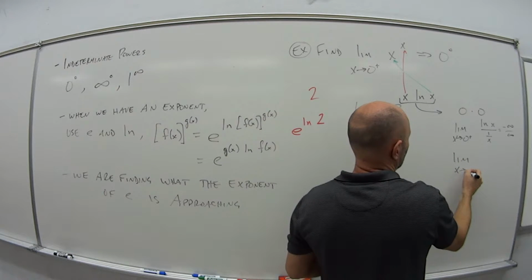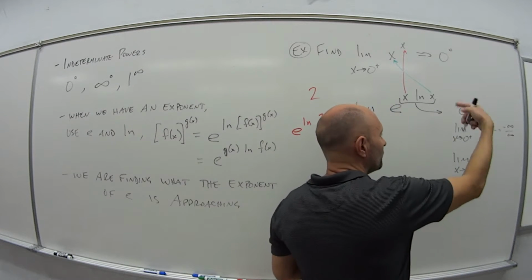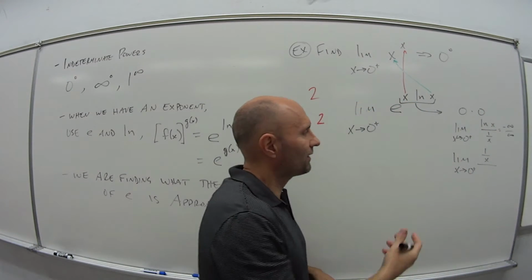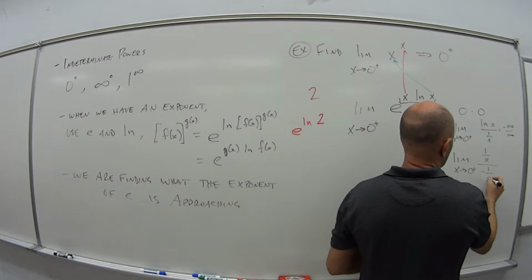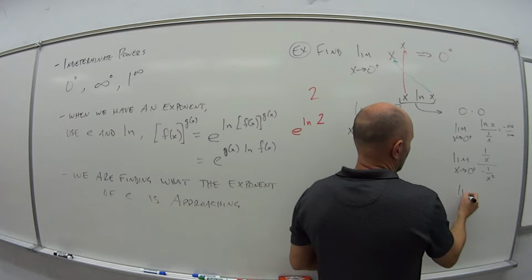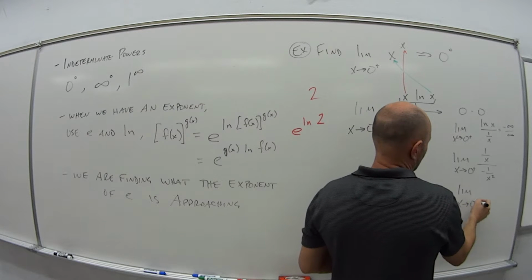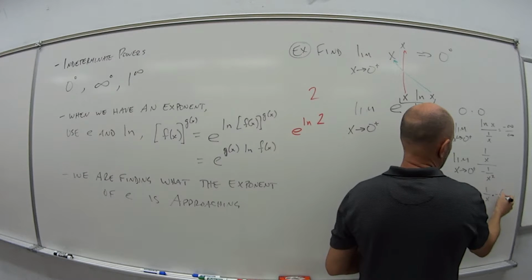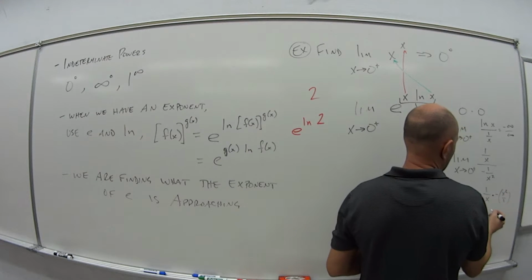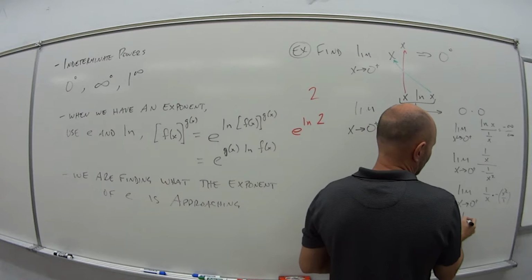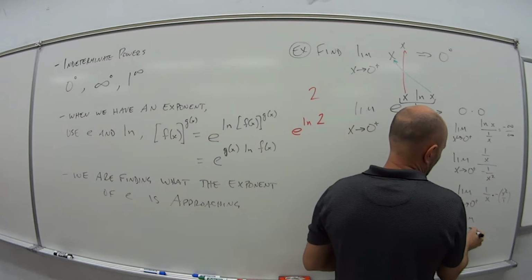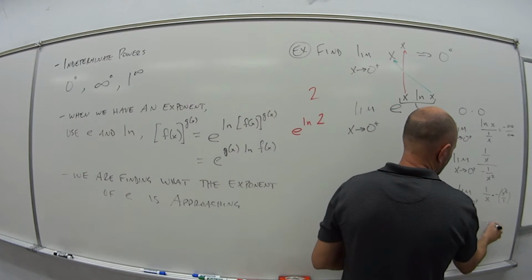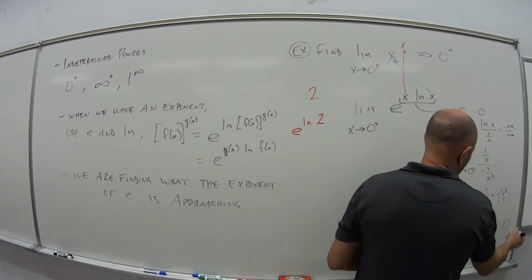So I have the limit as x approaches 0 from the right. The derivative of natural log is 1 over x. The derivative of 1 over x is negative 1 over x squared. If I keep, change, flip, I get 1 over x times negative x squared over 1. The x cancels there, so this is the limit as x approaches 0 from the right side of negative x, which is just 0.